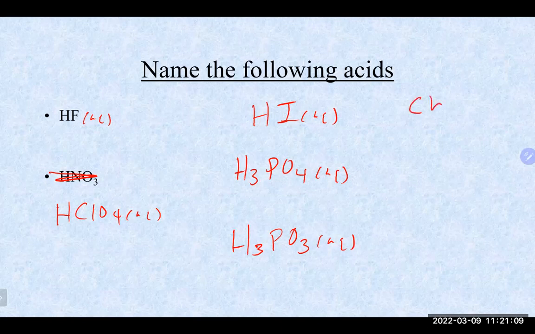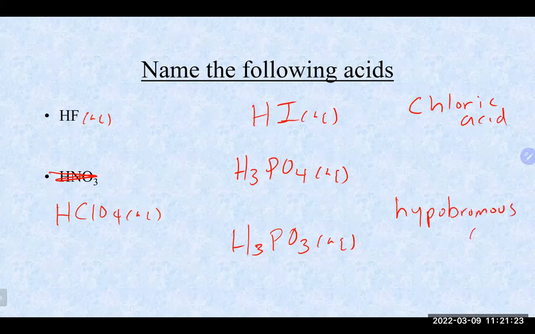And then let's do another. All right, so names and then some formulas there.